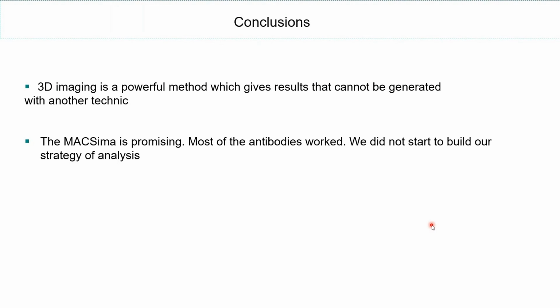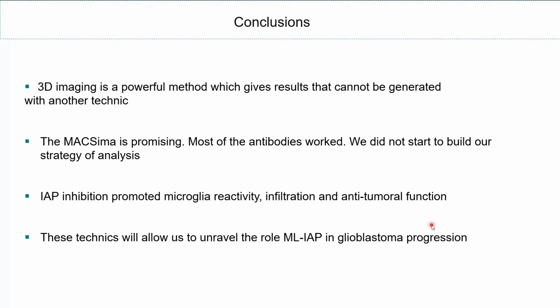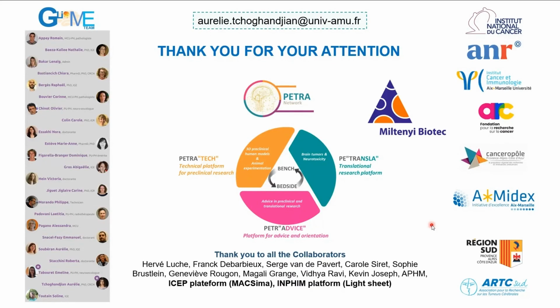And MACSima is promising, most of the antibodies worked. So far we have not started to build a strategy of analysis, and this is ongoing. What we could see is that YAP inhibition and MLIP inhibition promoted microglia reactivity, infiltration, and anti-tumoral function. And these techniques will now allow us to unravel the role of MLIP in glioblastoma progression.